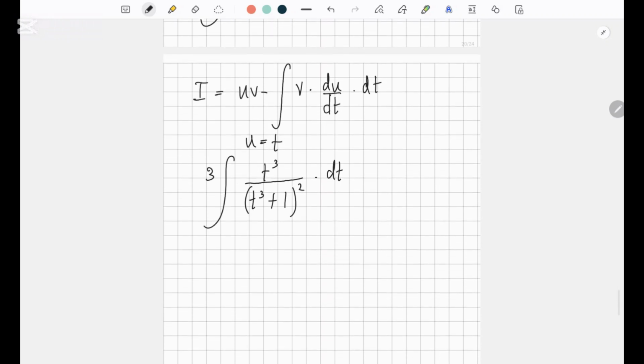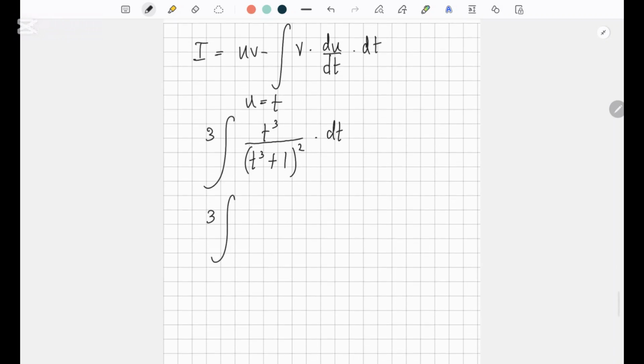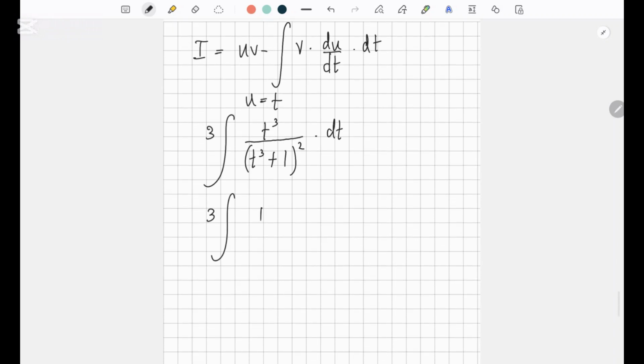So now I'm gonna take it like this: 3 into, I'll write t into t squared into (t to the power 3 plus 1) in brackets to the power minus 2. I just took the denominator to the top, and I'll also take 3 inside this time.